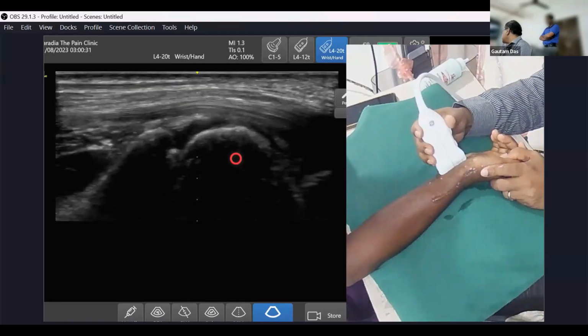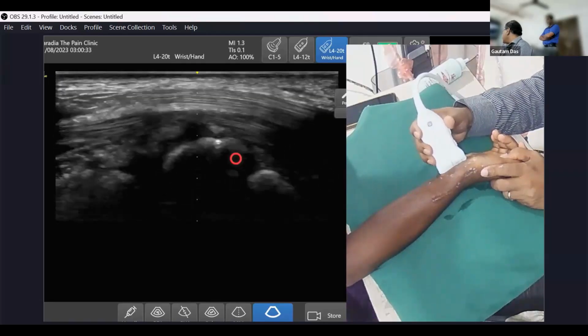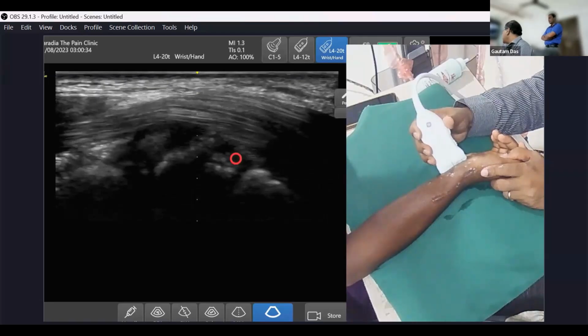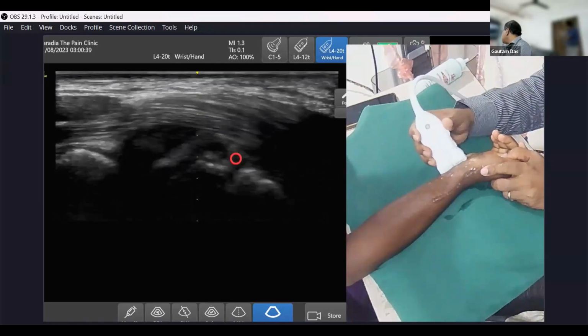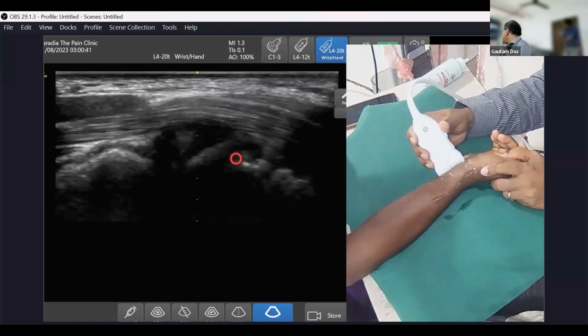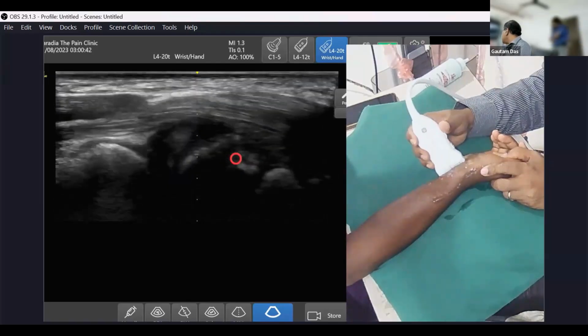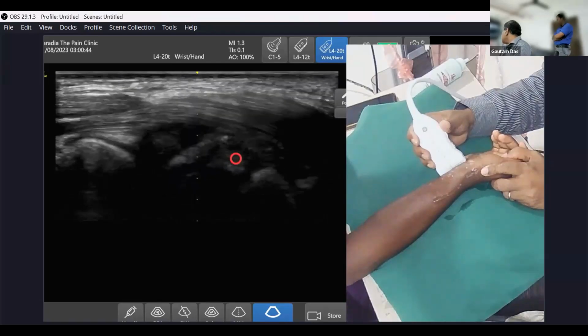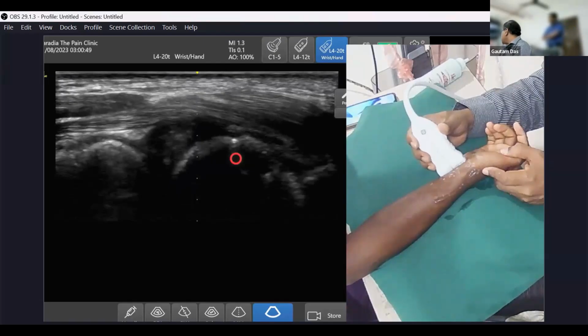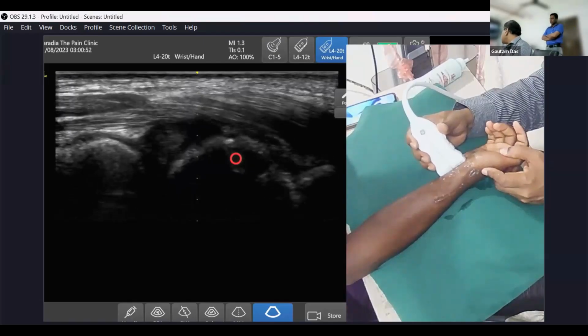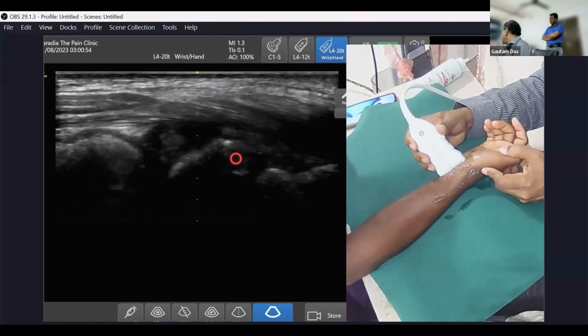The radius is vanishing, and the bone now appearing here is your ulna. So this ligament is your ulnolunate ligament, with the ulna and lunate on either side. This is a part of the TFCC.